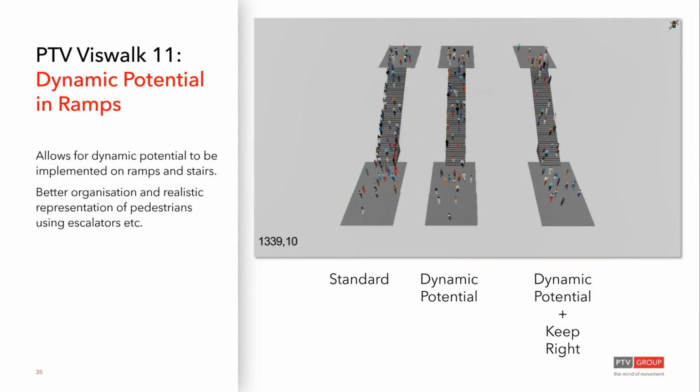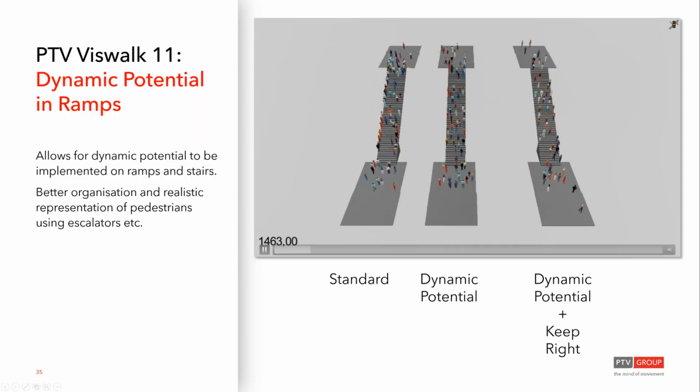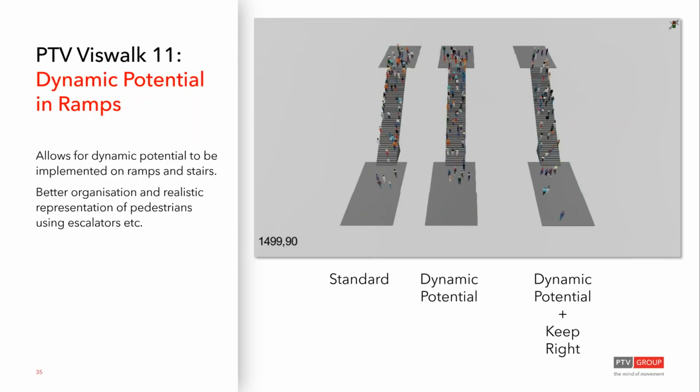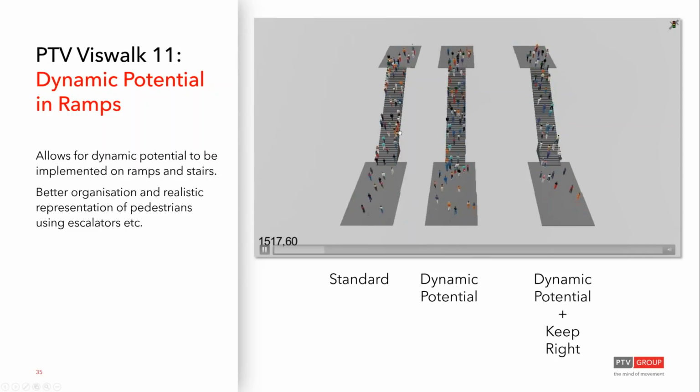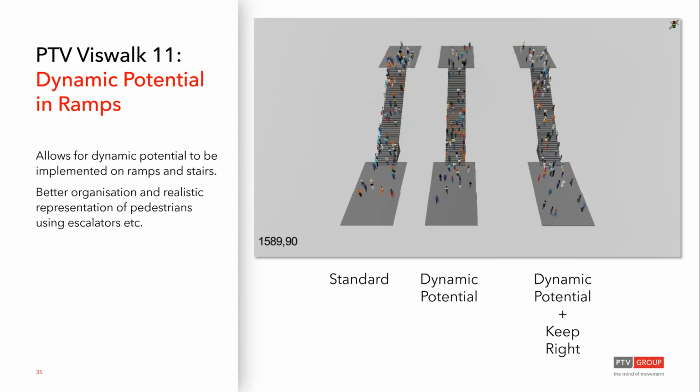On ramps, not only stairs, it's now also possible to activate the dynamic potential. The dynamic potential makes pedestrians react more realistically to other pedestrians. As we can see on the left-hand side, where the dynamic potential is not switched on, they have many more conflicts between the pedestrians coming from the north and pedestrians going up from the south.